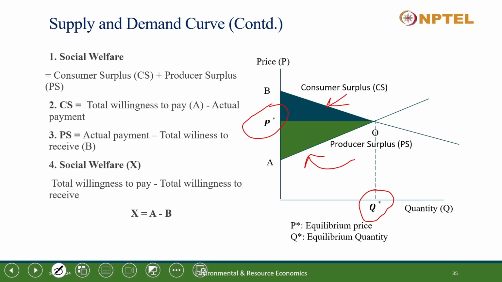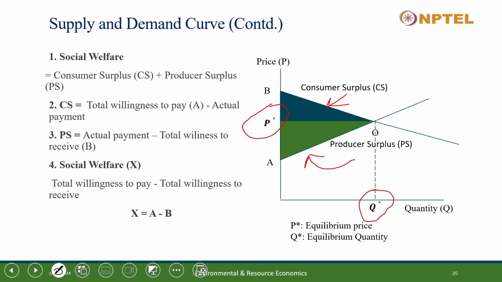It's based on the willingness to pay and willingness to receive, like willingness to generate at a certain price. So that is what it is trying to say. A surplus exists because you are willing to pay higher, but you have a certain amount extra which you are getting.